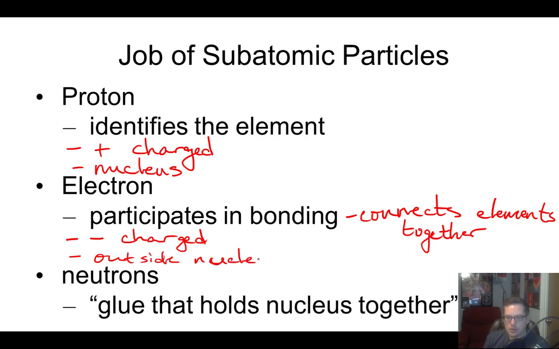For the sake of shorthand, a lot of times you'll see electrons represented as an e with a negative sign in the superscript, and protons as a lowercase p with a positive in the superscript. And the neutrons are neutrally charged. Neutrons, neutral, so they don't have a charge at all, and they also exist in the nucleus.